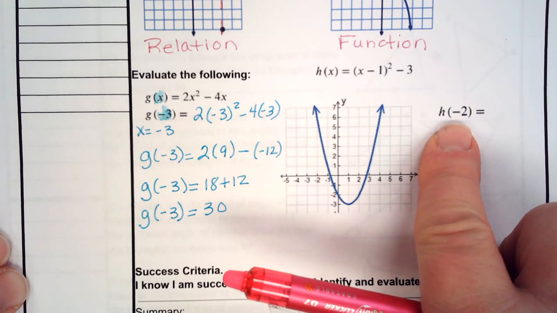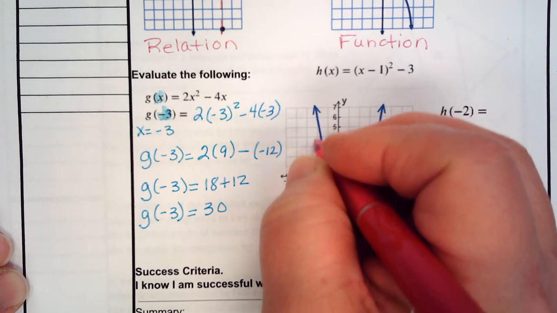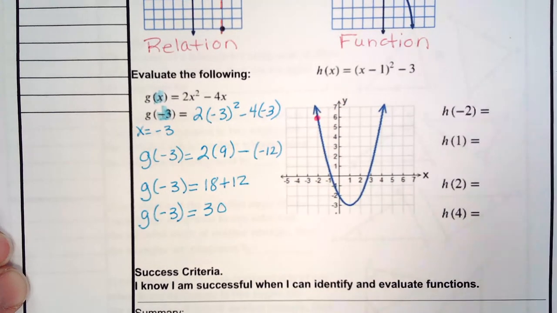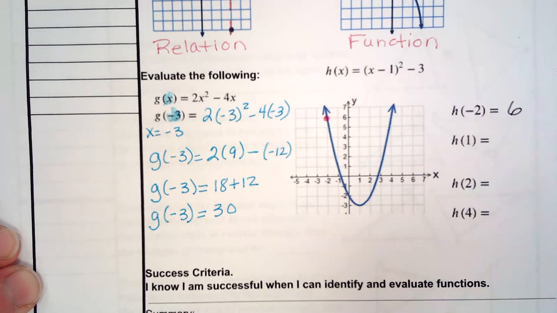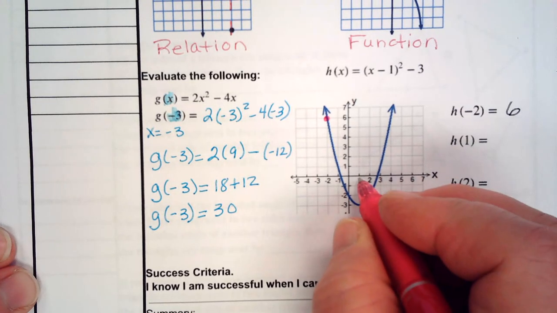When x is negative 2, what is my output? Here's negative 2, I come up, and my output is 6. What about positive 1?